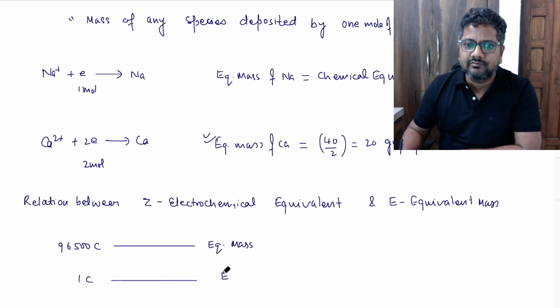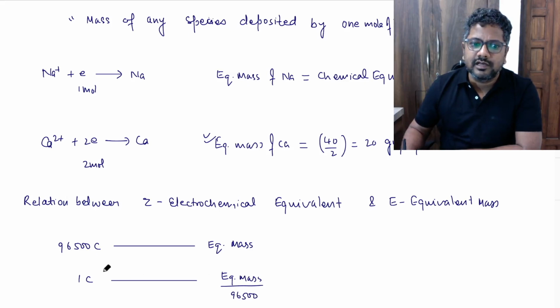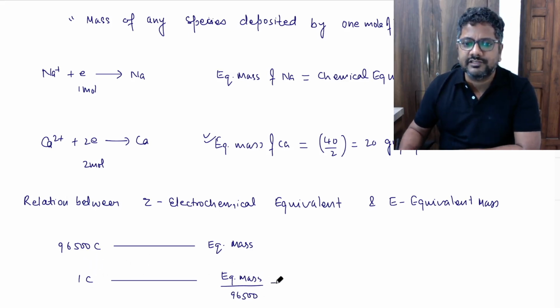So the equivalent mass divided by 96500, and by definition 1 coulomb of charge deposits the mass that is known as Z. So the relation is Z is equal to E by 96500.